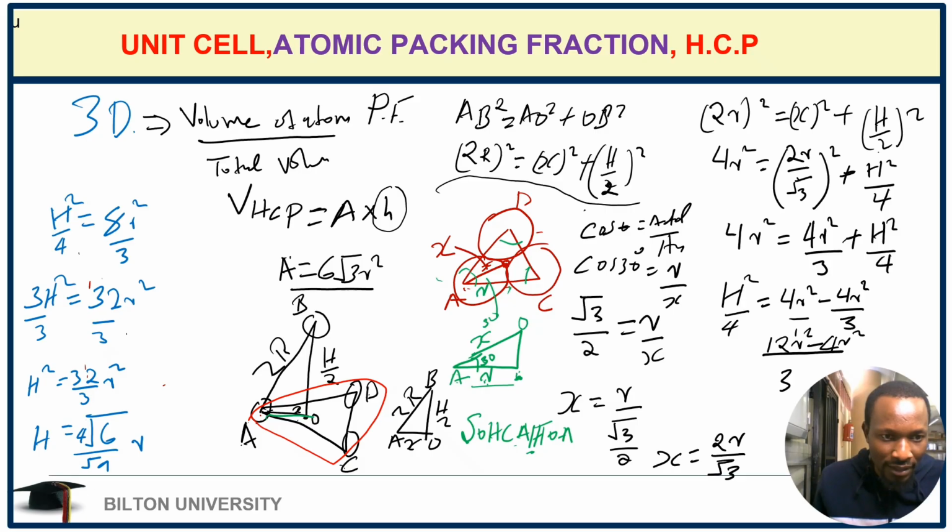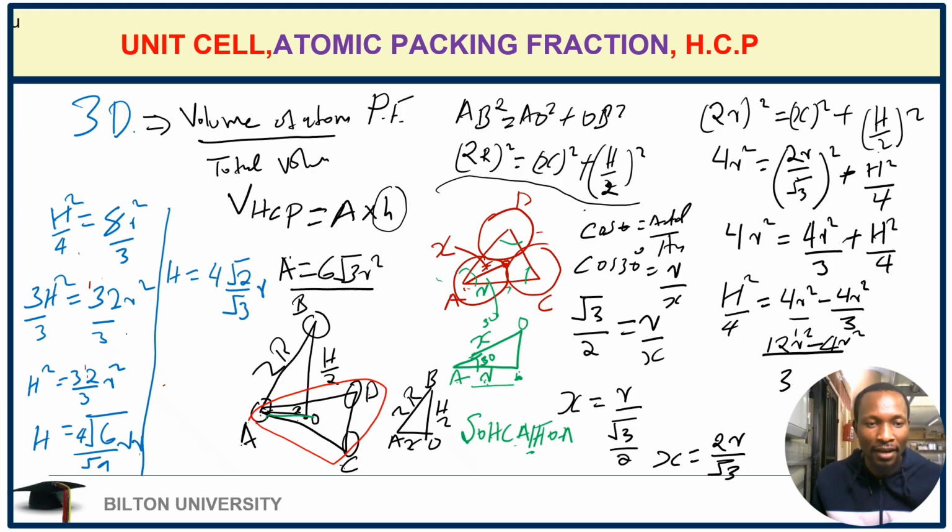Now, if you look at root 6 and root 9, they have a common factor, that is root 3, and we can proceed and say h is equal to 4. So root 6 divided by root 3 will give you root 2, and root 9 divided by root 3 will give you root 3, and r. So this is the value of h that we have. So we have managed to determine the value of h.